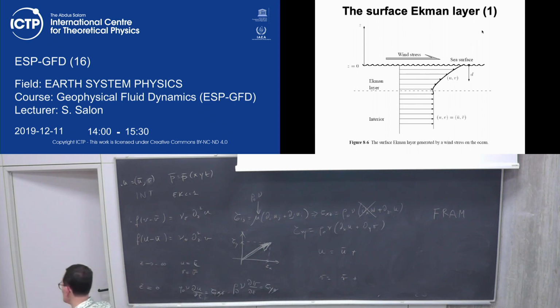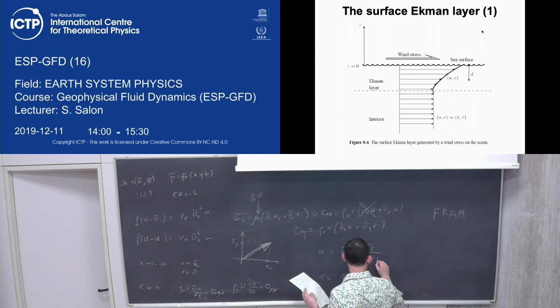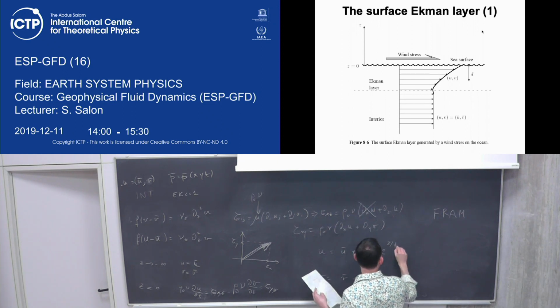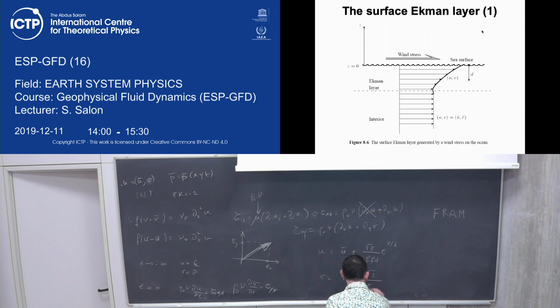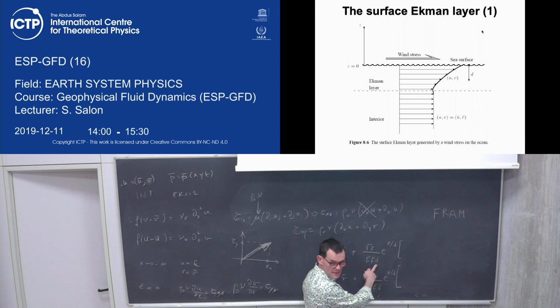So the solution will still keep the geostrophic component, and then we will have another component, which has a constant here, which is not exactly a constant, because it depends on f. f is the Coriolis parameter. Then it's depending on D.